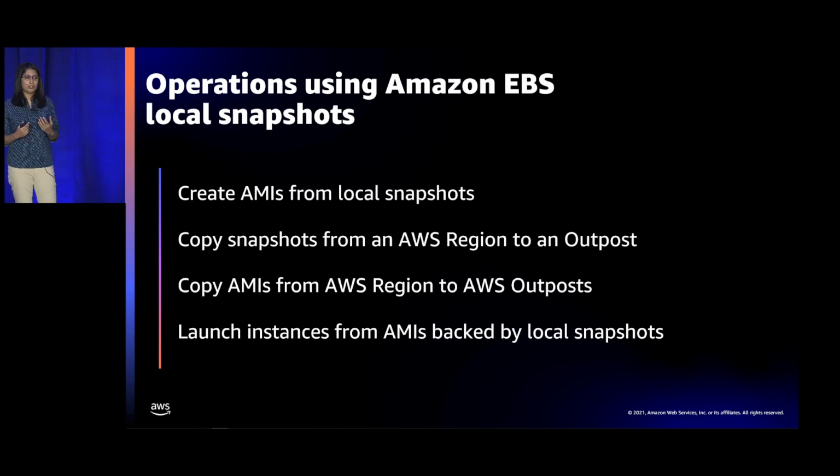The biggest benefit here is you don't need to copy the image from region to Outposts anymore. In addition to reduced network bandwidth consumption, you also have reduced instance local processing times because you don't need to download the AMI.